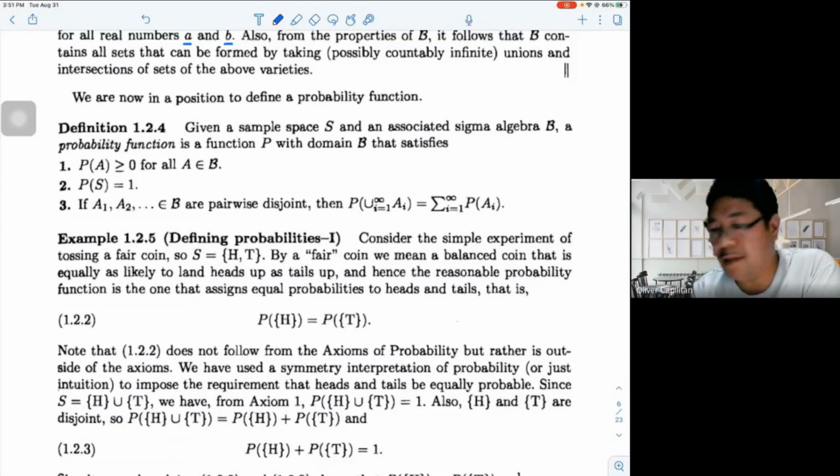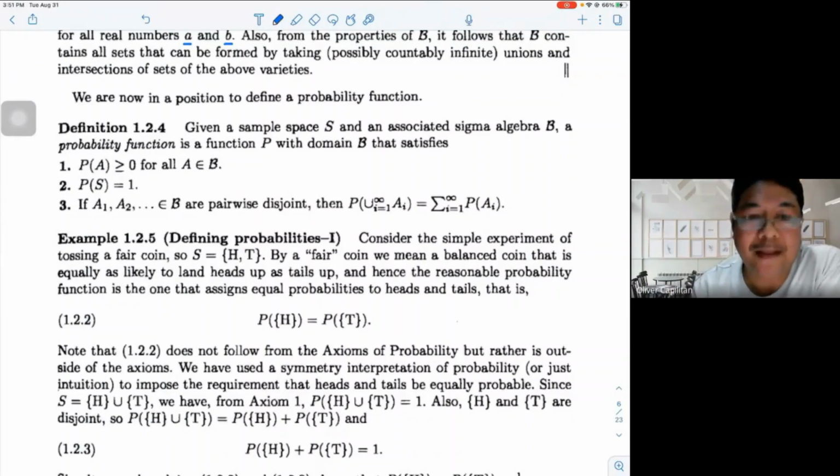So the third property is sometimes called the axiom of countable additivity.